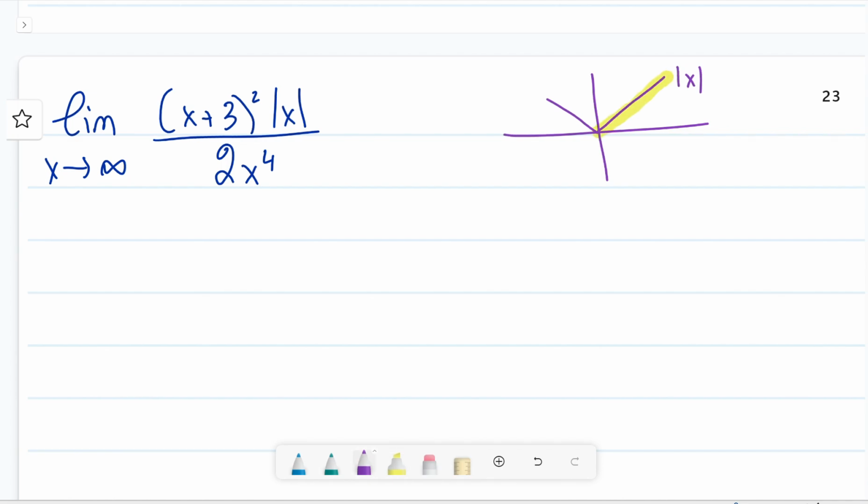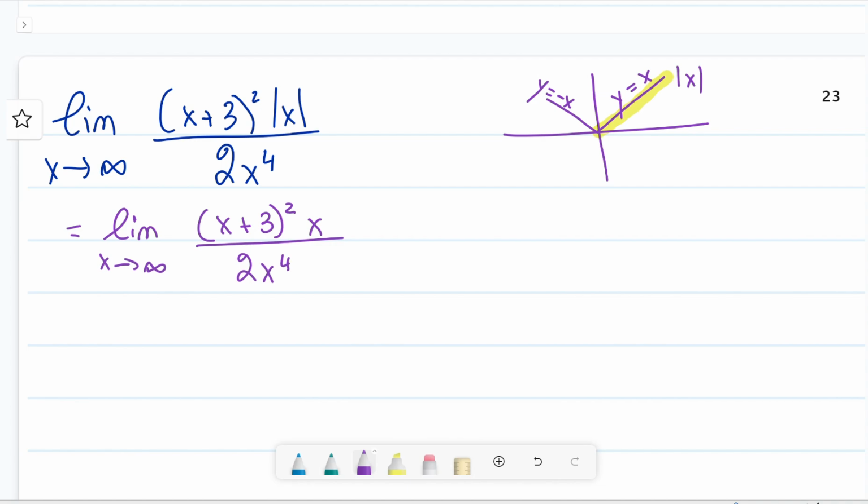And just to point out, as I pointed out earlier, on this side of the graph, the line is y equals x. On the other side, it's y equals negative x. So as x approaches infinity, the graph we are actually dealing with is y equals x. So the way to proceed is, instead of keeping the absolute value, we can write it as x.